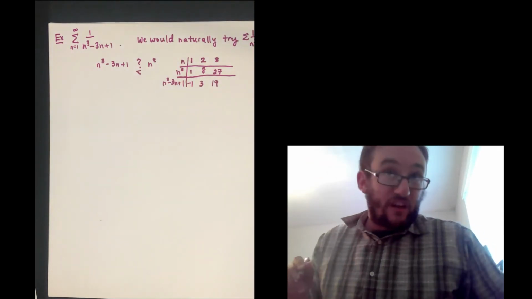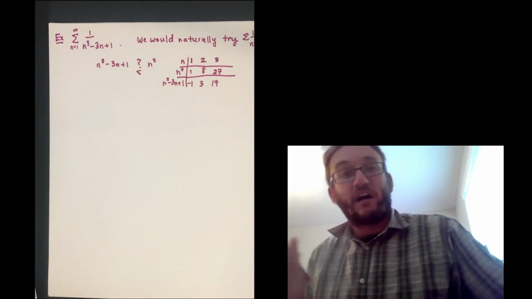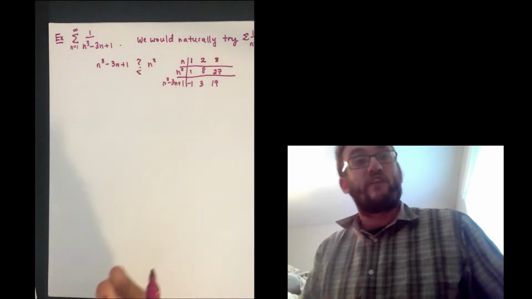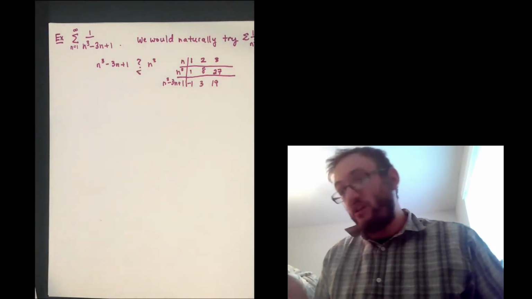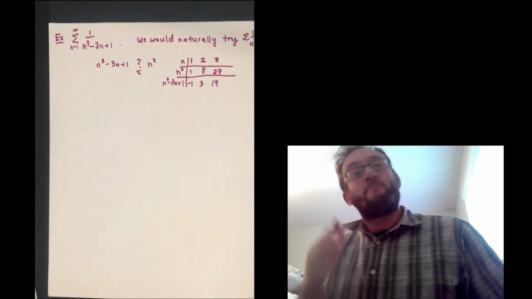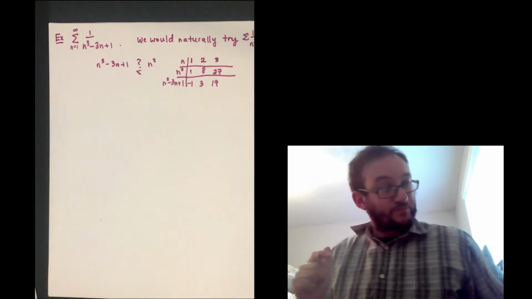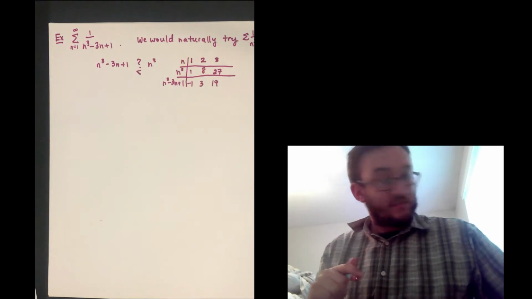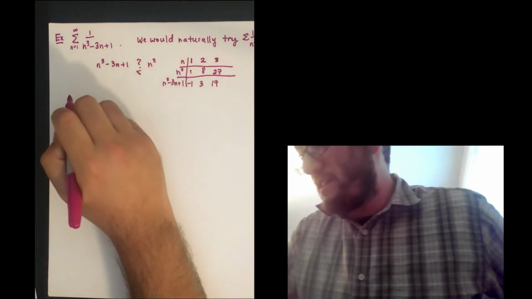Well, we can look for another series that we know converges. We have a hunch that this behaves like 1 over n cubed, so we expect it to converge. We just need something that we can validly compare it to. So let's use instead a different p-series.